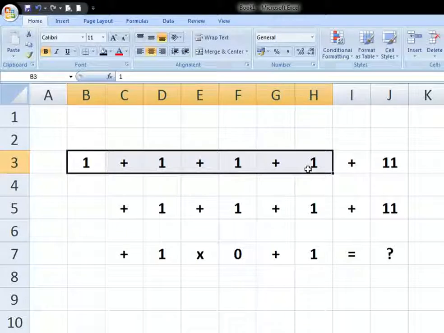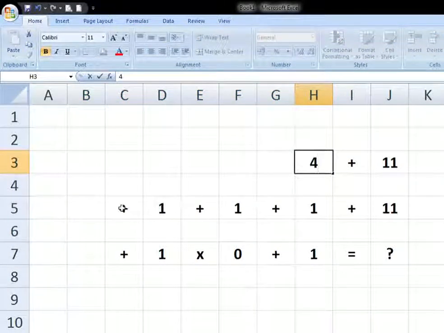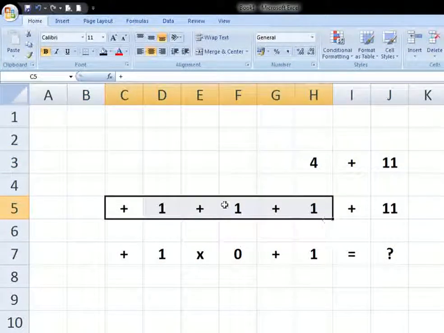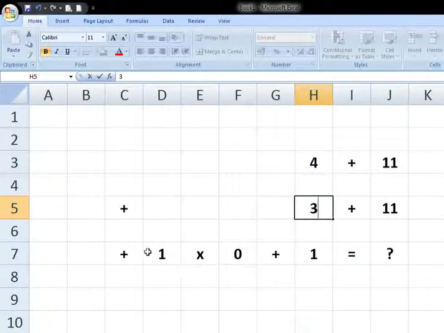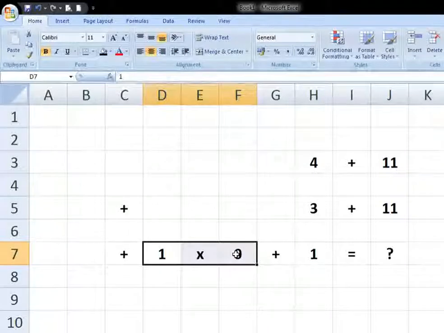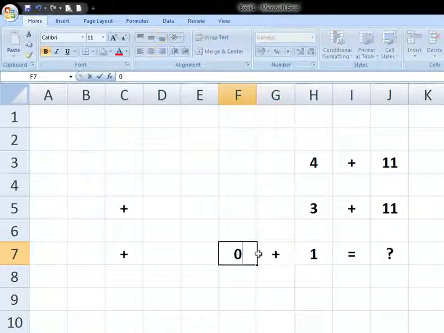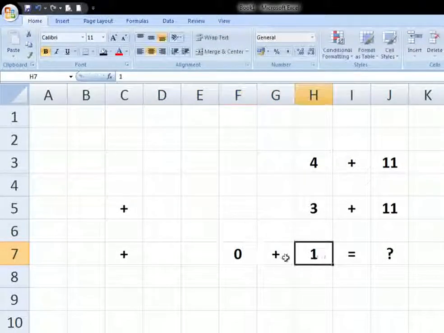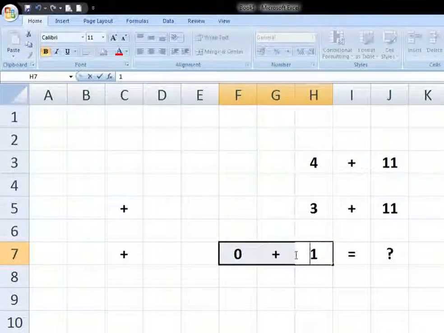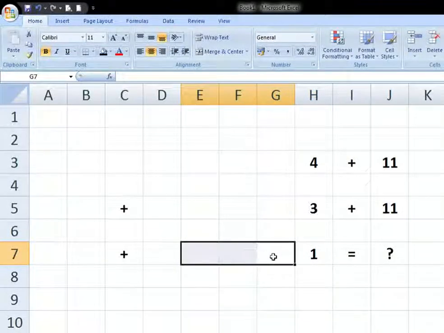This would total out to be, no, sorry, this one will total out to be 3, and this is 0, and this is 1.